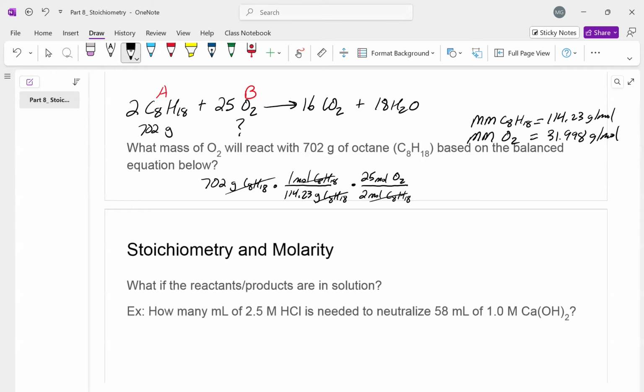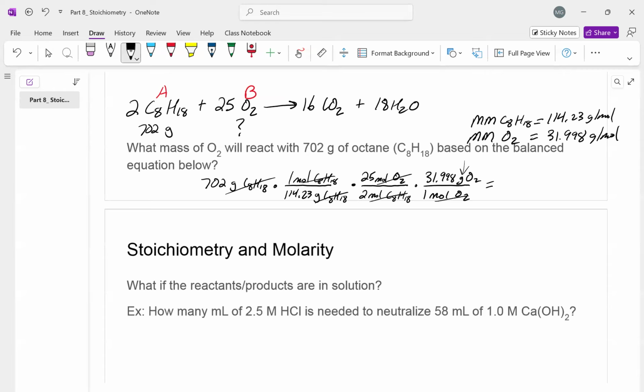And notice I've gotten to moles of B. Finally, how do I get to grams? Again, I'll use the molar mass. 1 mole of oxygen weighs 31.998 grams. If I've done this correctly and set it up right, I'm ending on the unit that I want to go to. What mass of oxygen? I've gotten the grams of oxygen here.